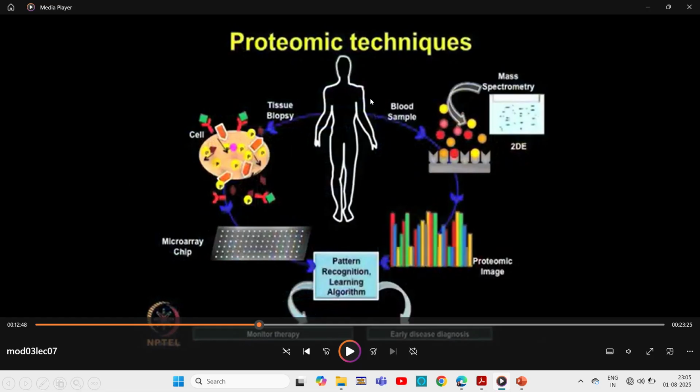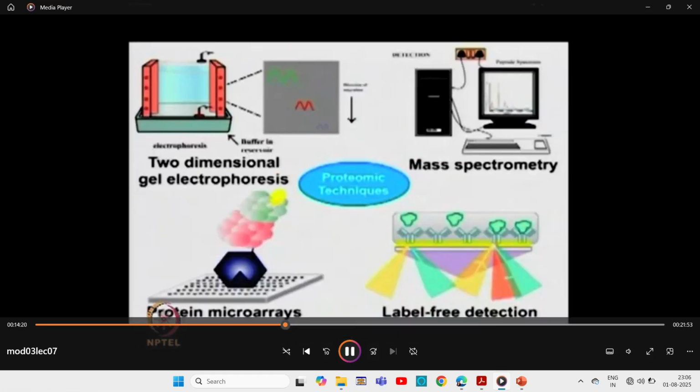So no matter what type of sample it is, blood sample, tissue sample, or just the cell, you can do those gel-based analyses, or you can do microarray-based analysis, etc., and try to analyze those data, recognize the pattern, and try to understand what type of protein it is or what might be the function of that protein.